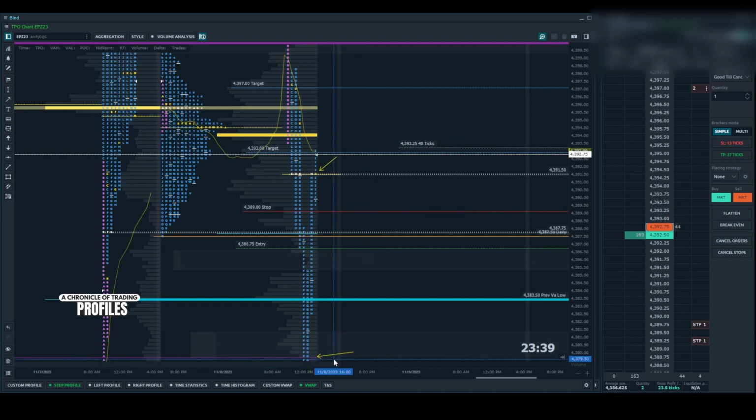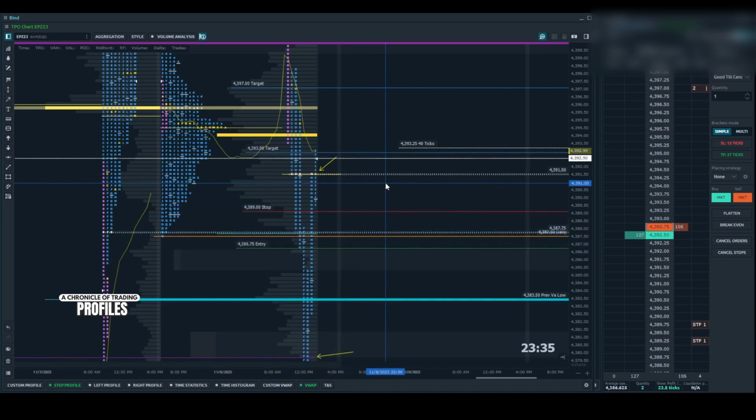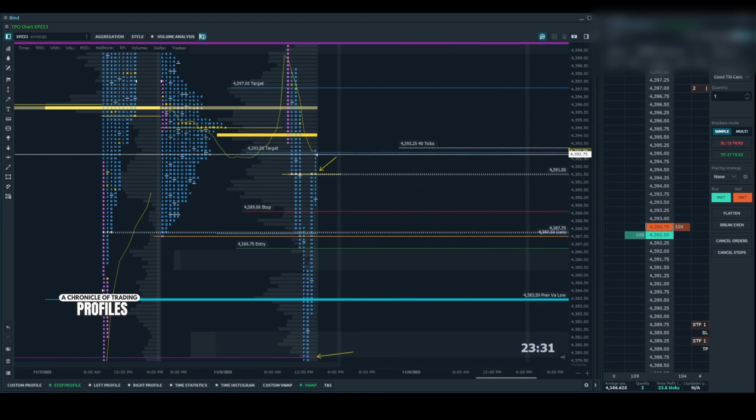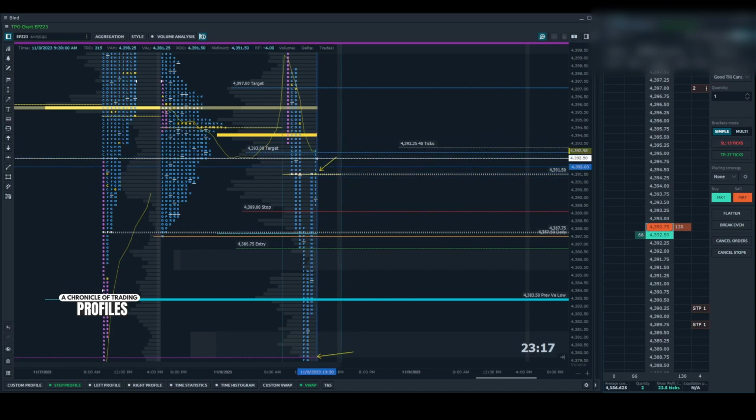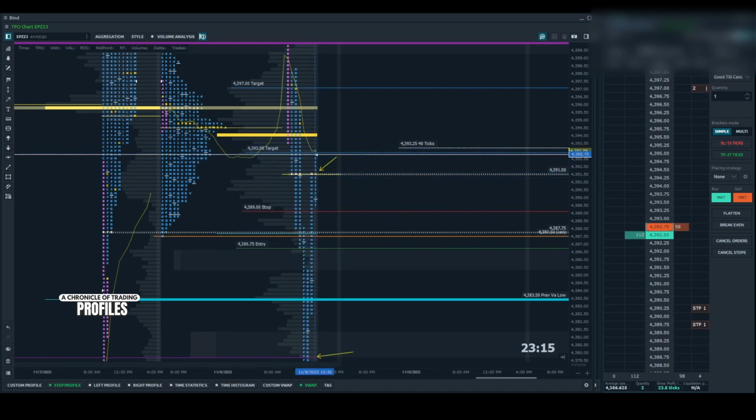Get rid of this now. It's sitting right at that VWAP. Like I said, I expected there to be more aggressiveness when it broke over the H. That's what made me take that first set there.